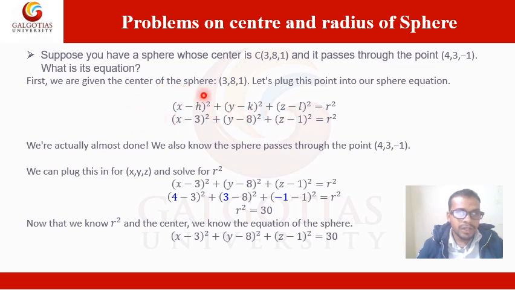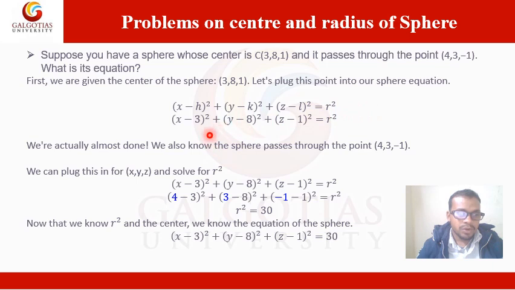So you know very well that the standard form of the equation of sphere is given by x minus x naught. Here I have written h, so don't worry about h, k, l. They are all x naught, y naught and z naught. So that means (x minus h) to the power 2 plus (y minus k) to the power 2 plus (z minus l) to the power 2 is equal to r square, which is your standard form of equation.